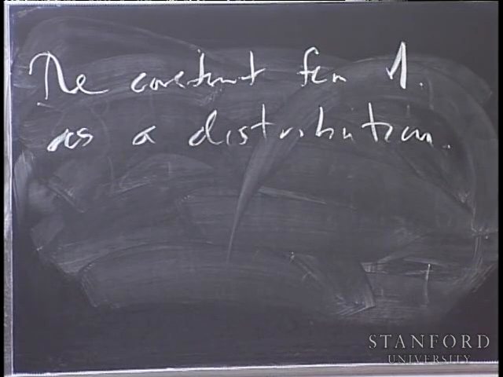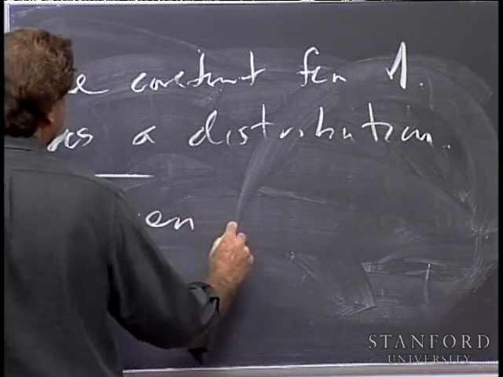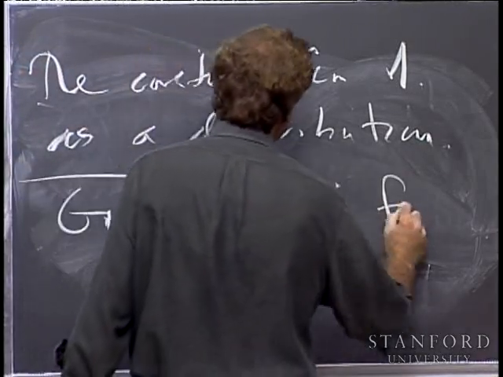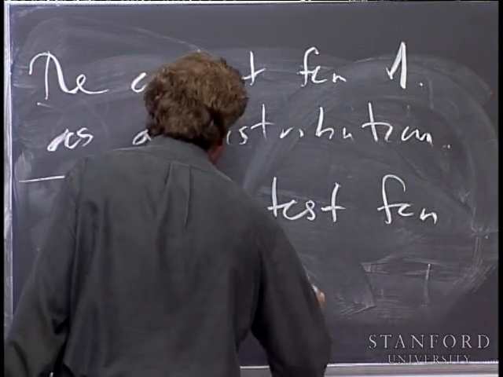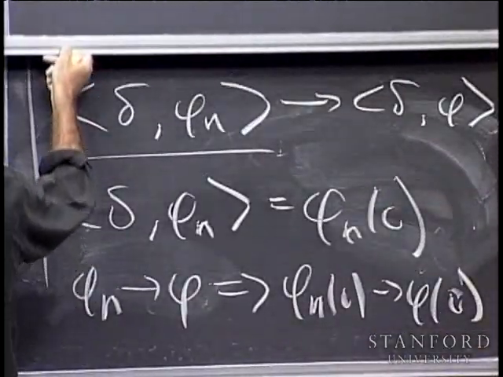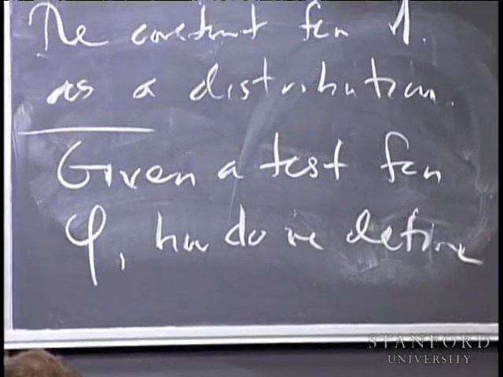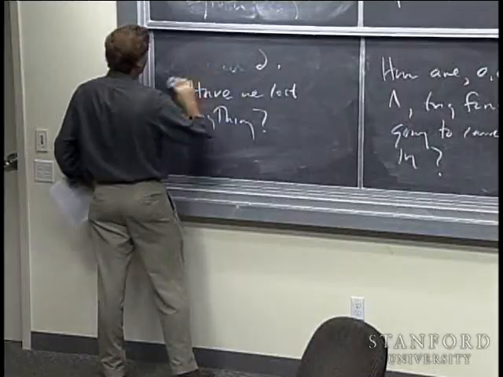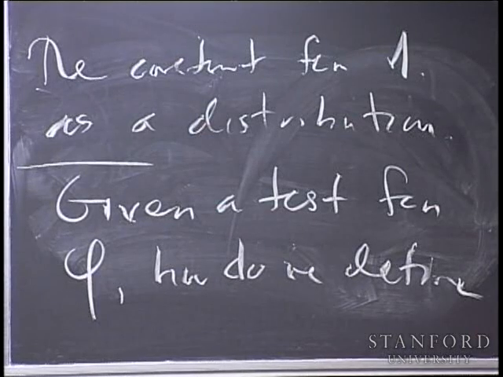So given a test function phi in whatever class you're considering, how do we define a pairing of 1 and phi?